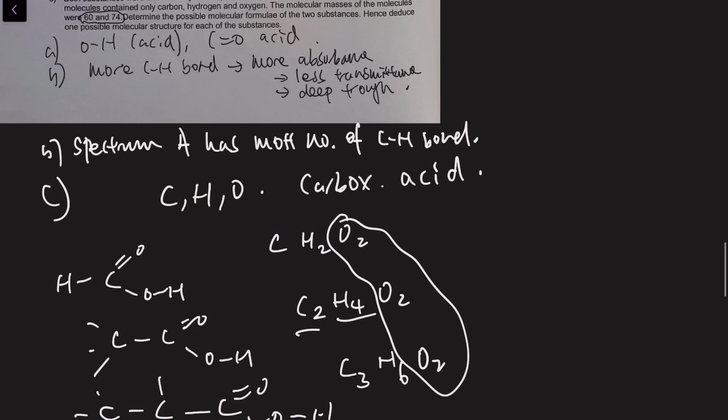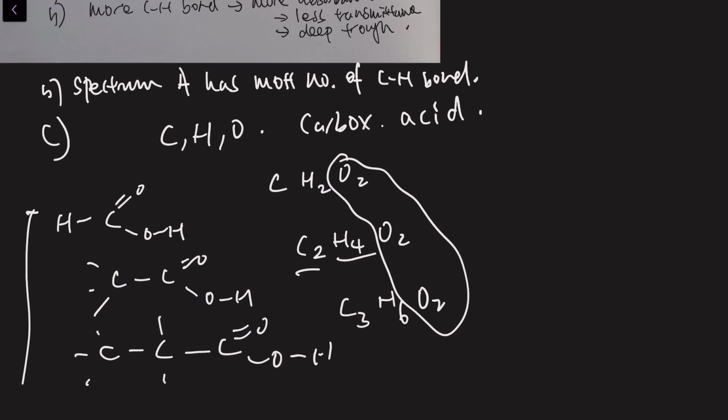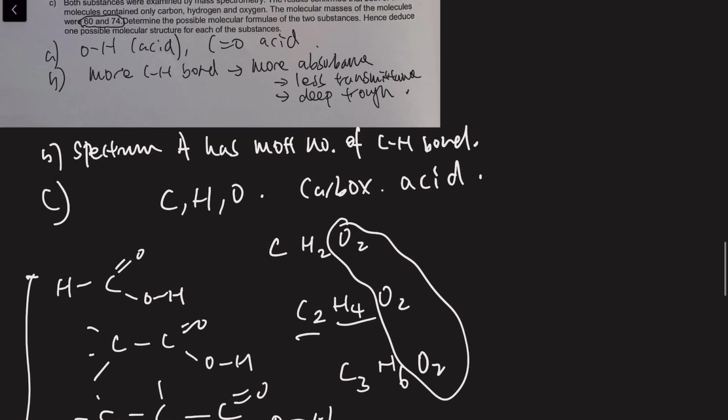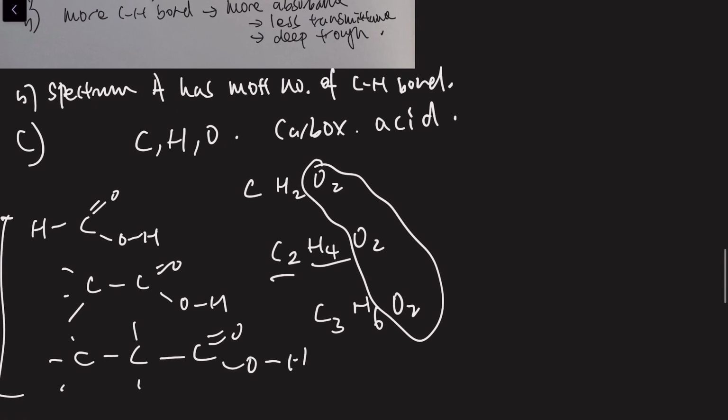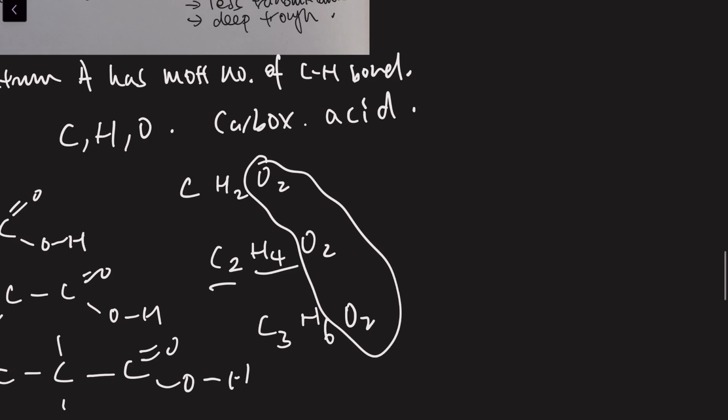So let's look at which carboxylic acid has molecular mass of 60. Let's just do some calculation. Maybe we pick ethanoic acid.